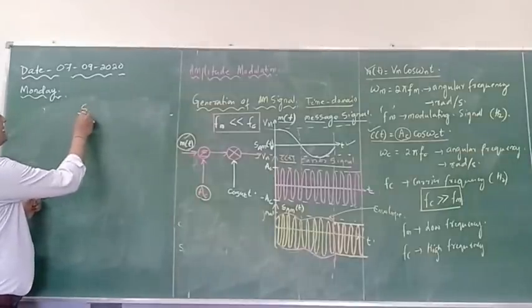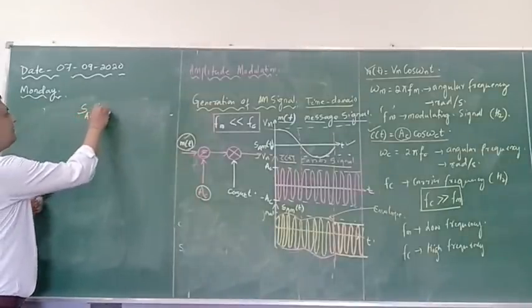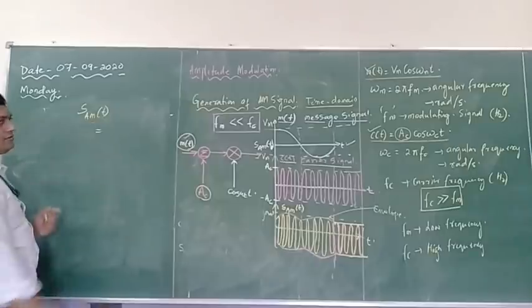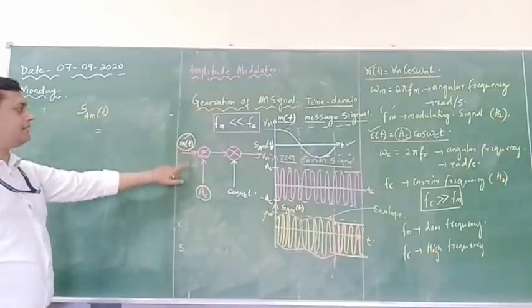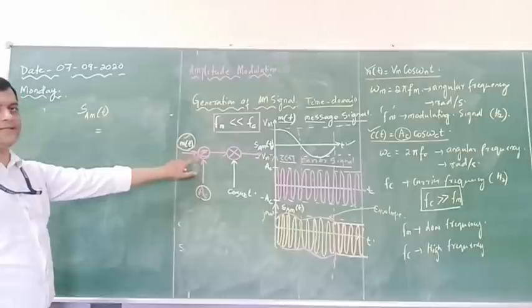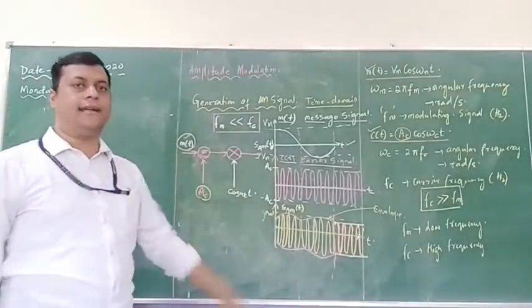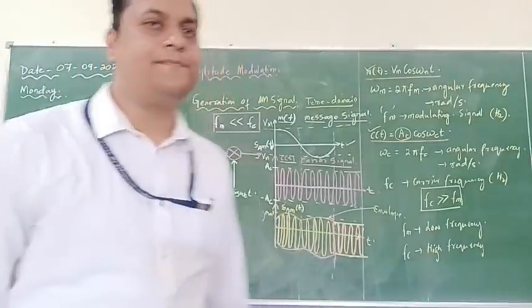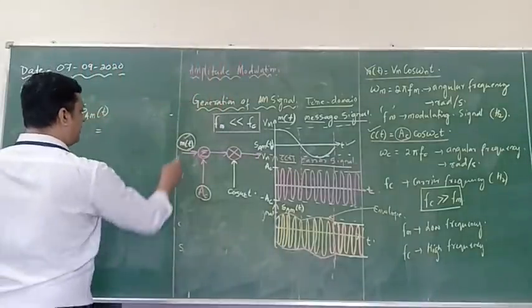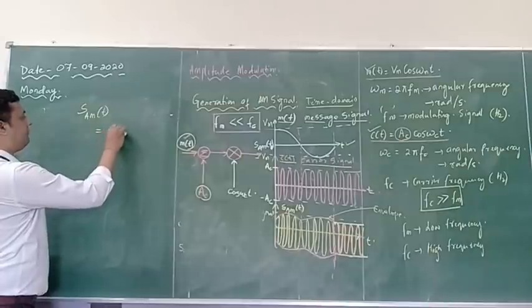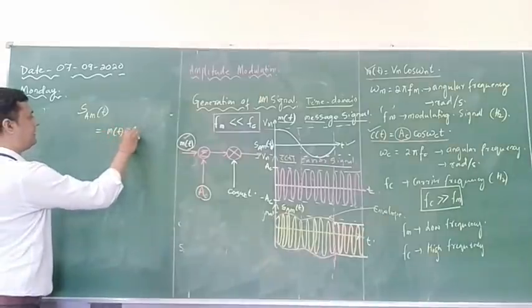Step by step, first m of t is added. This is a summation, so m of t plus AC.